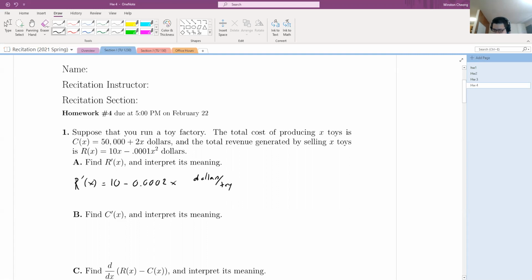And the meaning of this function, I put that this is the rate of change of revenue for selling x toys.